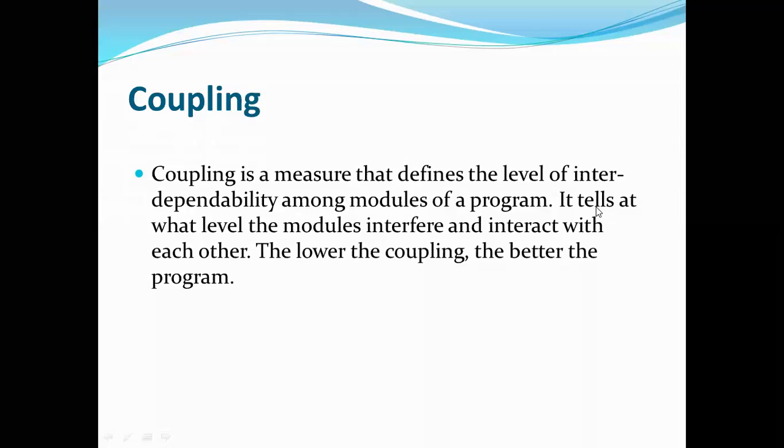The less the interaction, the better that system is. If there is more coupling, that system is not good for implementation. So this is the basic difference between coupling and cohesion. You should have high cohesion and less coupling in your project. That is the main concern here in case of coupling.